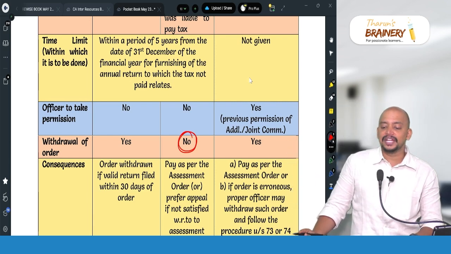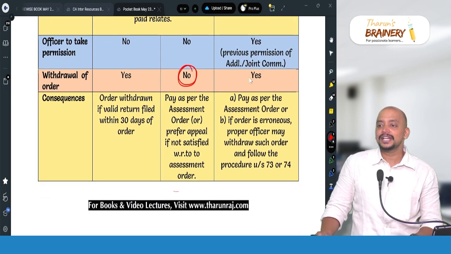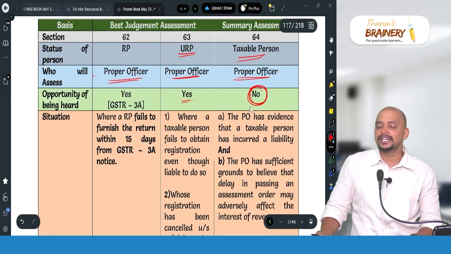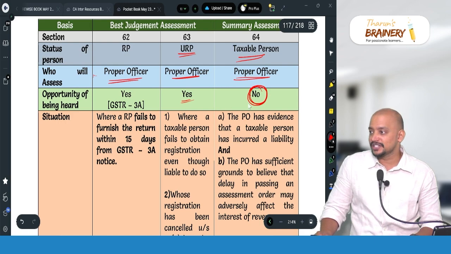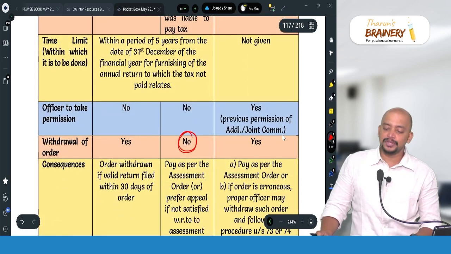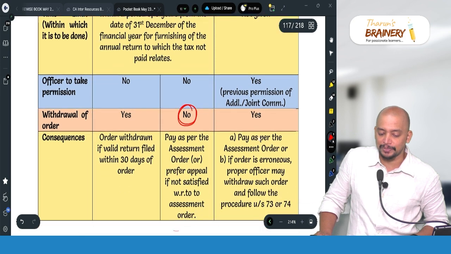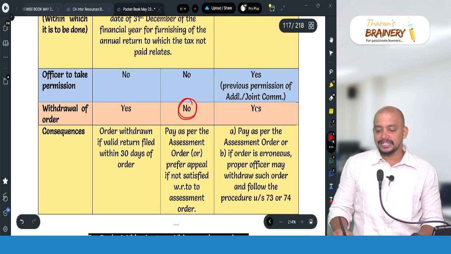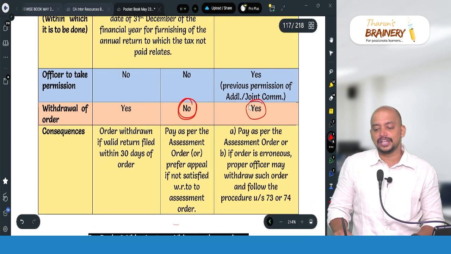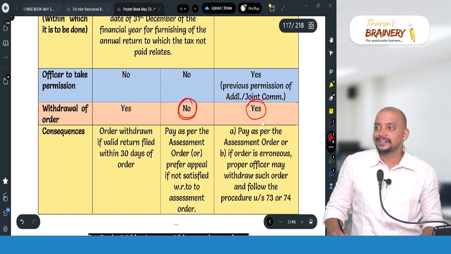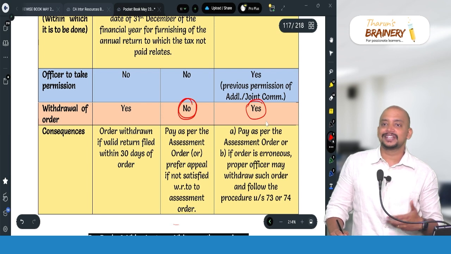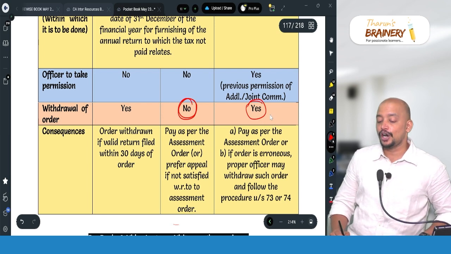Does the officer need to take any permission? Yes. Because in a summary assessment order there is no opportunity of being heard, no principles of natural justice, that is the reason why prior permission of the additional or joint commissioner should be taken. Withdrawal of order, yes. Whenever the order is erroneous, for example those goods are actually exempted goods, and thinking them to be taxable goods a proper officer has passed the summary assessment order, then the order is erroneous.